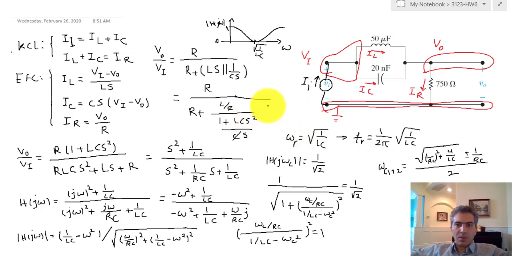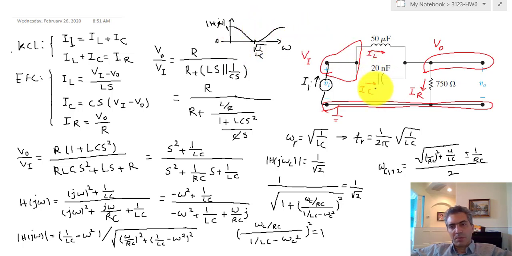Again, this was a band reject, as opposed to band pass, or band stop as sometimes it's called, because it's passing all the lower frequencies and all the higher frequencies, but it actually stops passing the frequencies right in the middle.